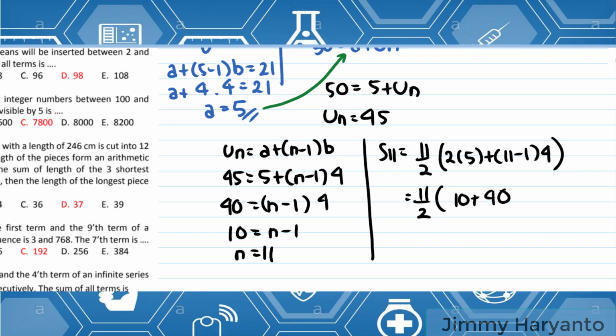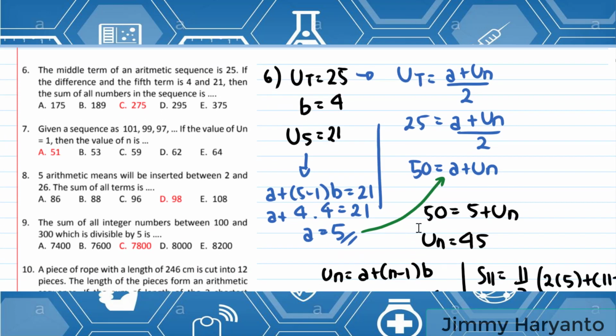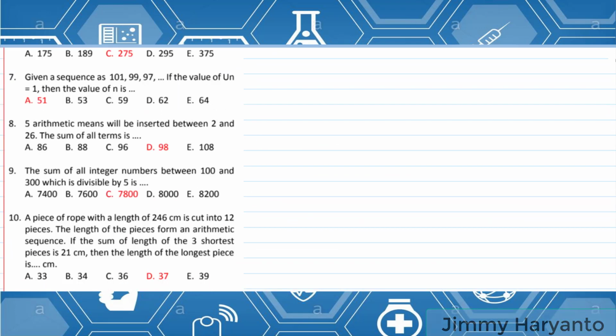The result is 50. Okay, this one is 50, and then I will cross out the 50 and the 2. This is 25. The total result will be 275. Is it correct? Yes, it is correct.